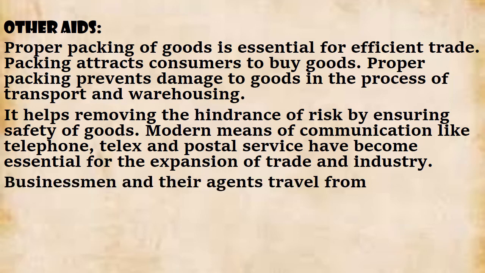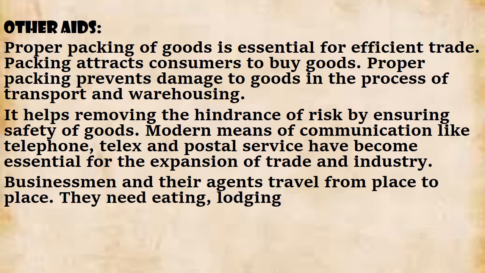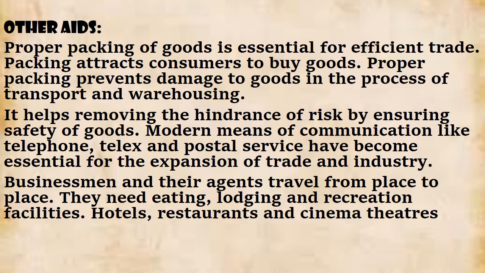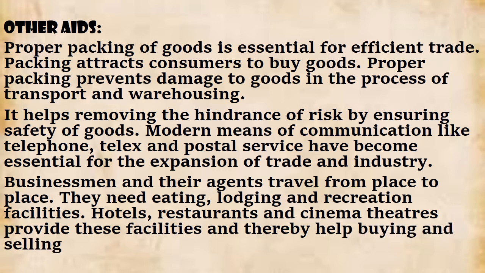Businessmen and their agents travel from place to place. They need eating, lodging and recreation facilities. Hotels, restaurants, cinemas and theaters provide these facilities and thereby help buying and selling goods and services. So the other aids to trade are not only about the smooth flow of goods from one place to another; the businessmen and agents also travel from one place to another.